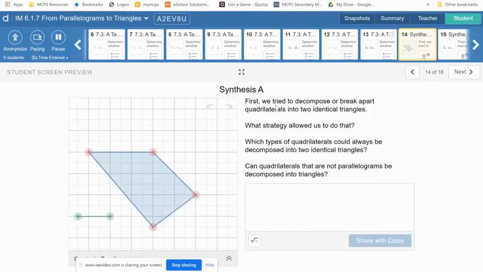Synthesis. First, we tried to decompose or break apart quadrilaterals into two identical triangles. What strategy allowed us to do that?